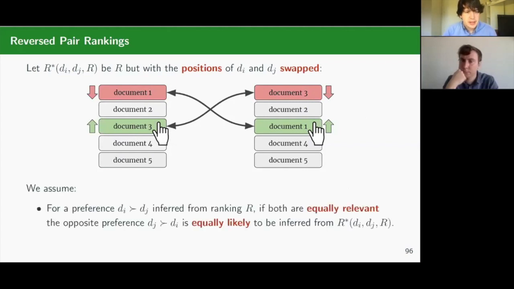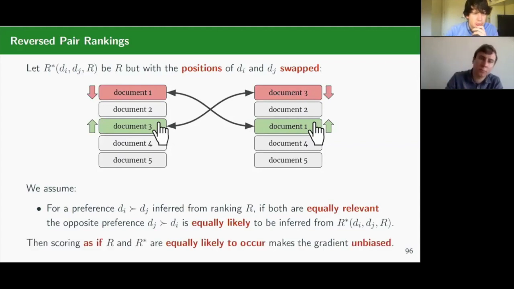The idea is that if document 3 is more preferred than document 1, we would more likely see this click pattern than that click pattern, right? If document 3 is preferred, we would expect this pattern to be less frequent than that pattern, because people will probably click up there instead. If they are equally relevant, then we expect that both of these clicks are equally likely.